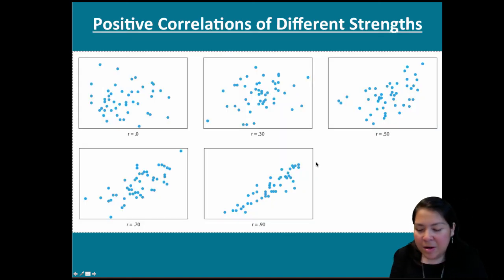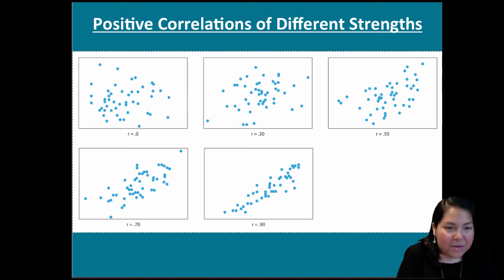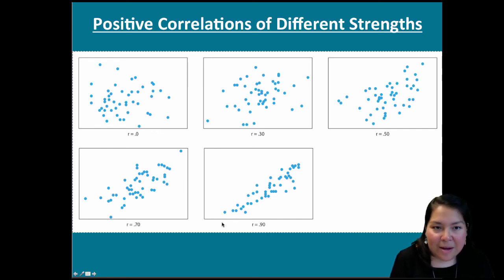So here's some more correlations and what they actually look like. Positive correlations of different strengths. Here we have different r's. And again, r equaling 0, there's no pattern, there is no significant link between the two. As we can see, as the r's are getting closer to 1, we're starting to see a perfect correlation or a straight line.